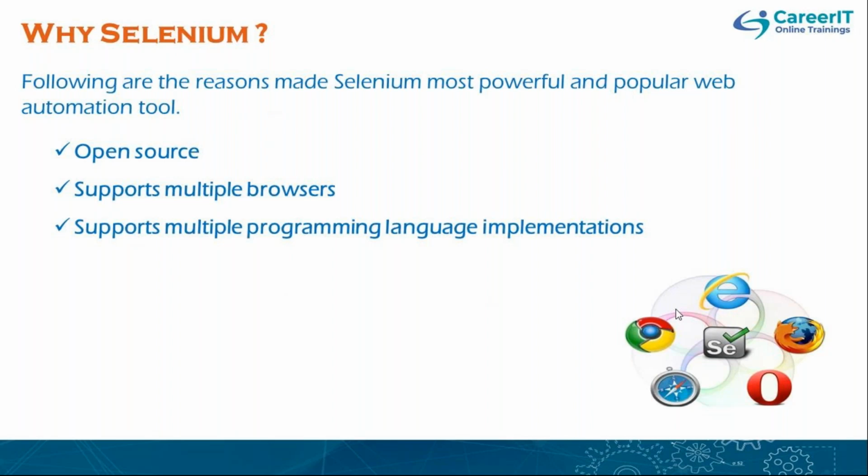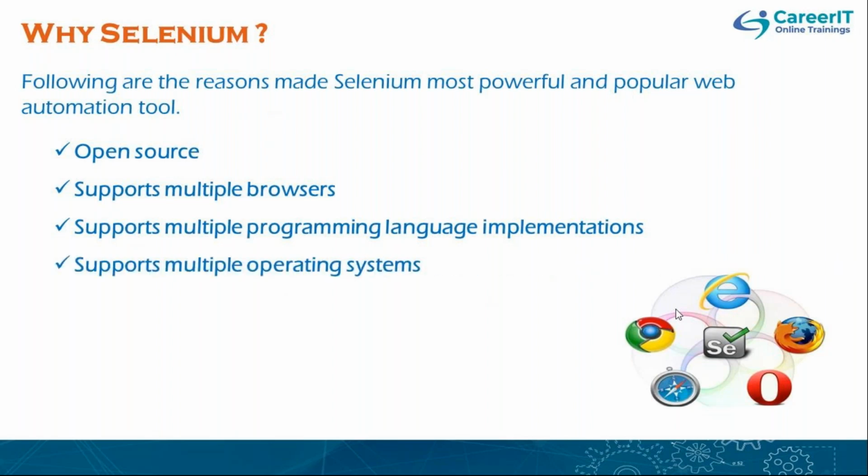That means if you are good at any one of these, suppose you have some idea about Java, then you can start your automation journey using Selenium with Java. Or suppose you are good at Python, then you can start Selenium with Python. Or you are good at C sharp or .NET, then you can start Selenium with .NET as well. That's where it has the flexibility of selecting programming languages.